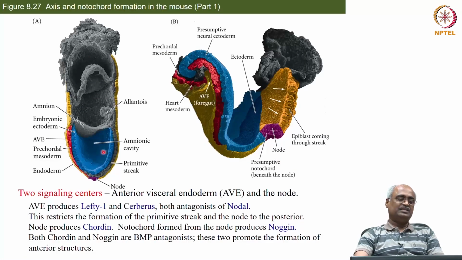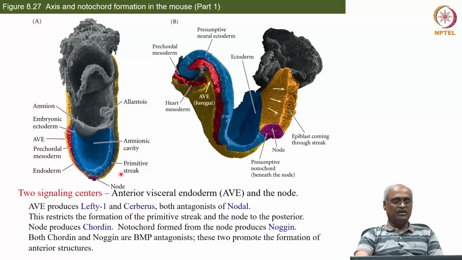So, this is the cup shaped embryo. This is the node, and the posterior side, the primitive streak is here, and this is the anterior part. The endoderm is outside. This AVE, anterior visceral endoderm, actually formed from the hypoblast initially, and that is at this anterior most end.